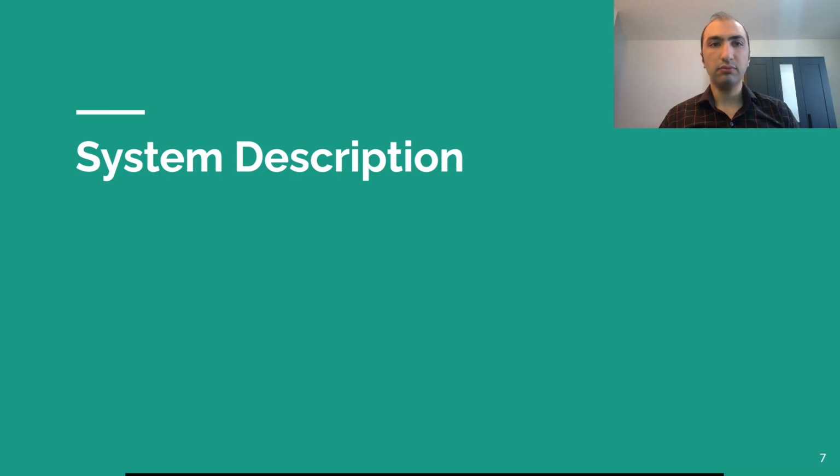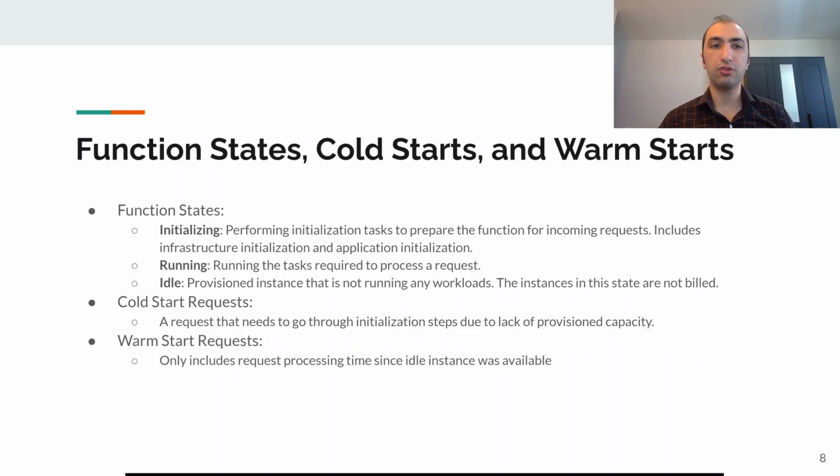Now, this brings us to the system description, where we talk about the details of the system that is currently being simulated by SimFaaS. But keep in mind that all of our designs are extendable, so you can try changing them for new design ideas. So first of all, we need to define a few things.